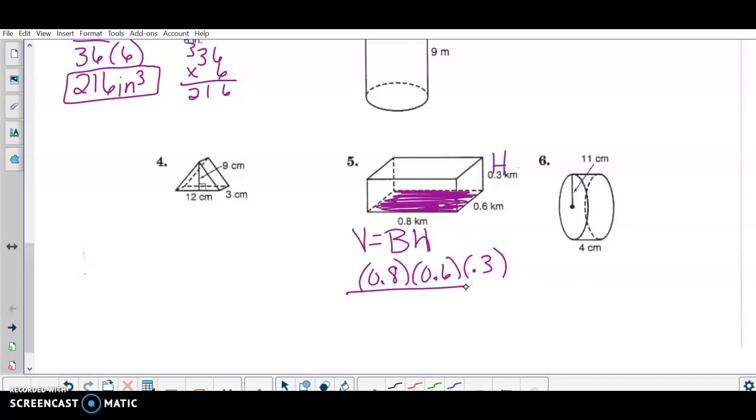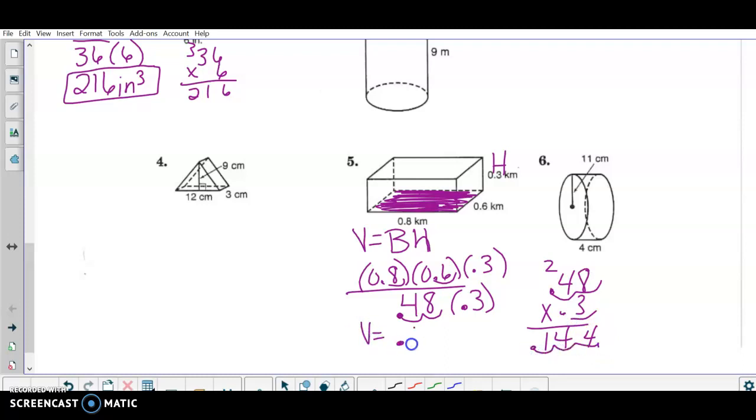So remember, you're multiplying by decimals, so 6 times 8 is 48. Then 48 times 0.3. 24, carry the 2. 1, 2, 3. So my volume is 144 kilometers cubed.